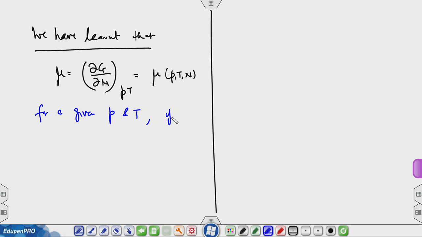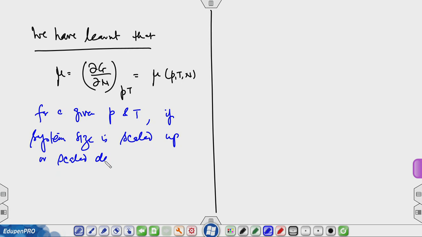If the system size is scaled up or scaled down, mu remains the same.